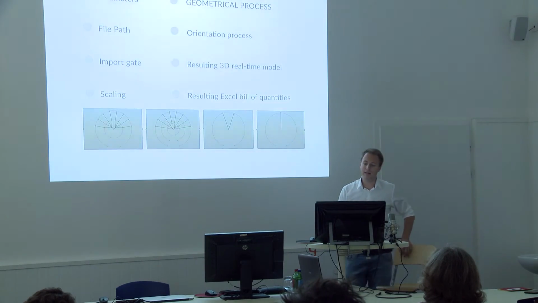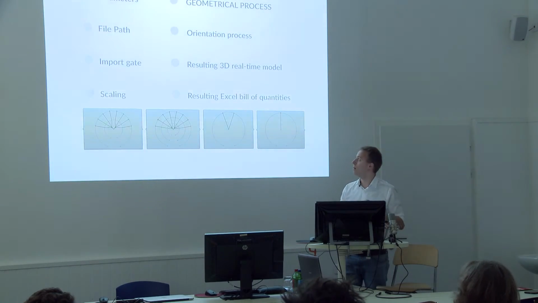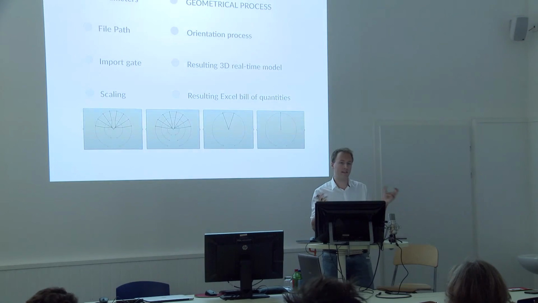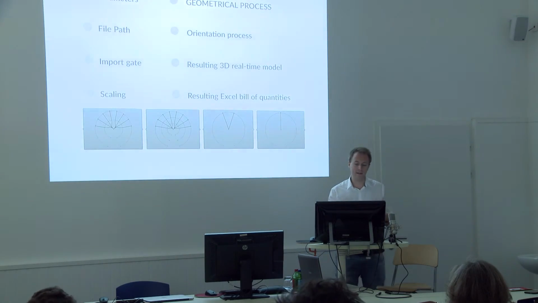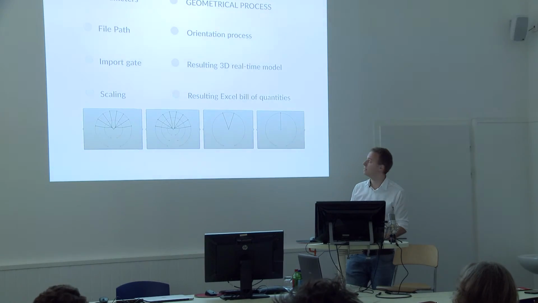And of course, there is a background for this massive algorithm, mainly letting the two files function simultaneously, importing the elements and orienting them in the modeling space. And of course, you can have a bill of quantities in Excel at the end.